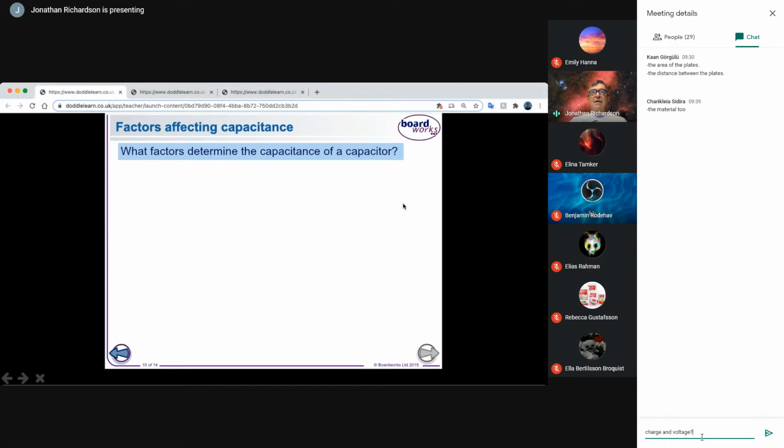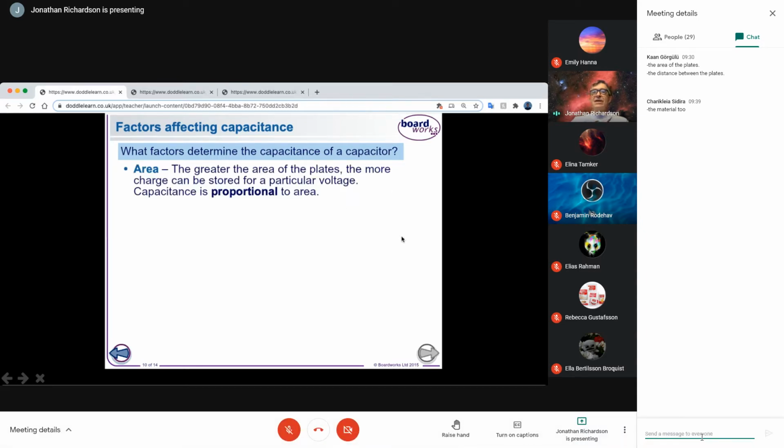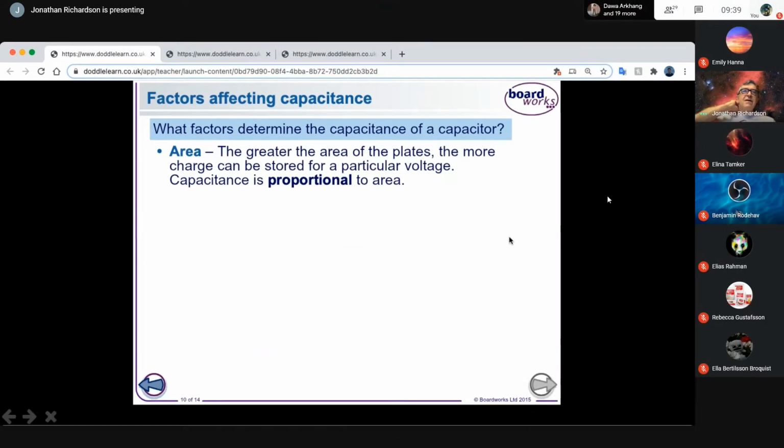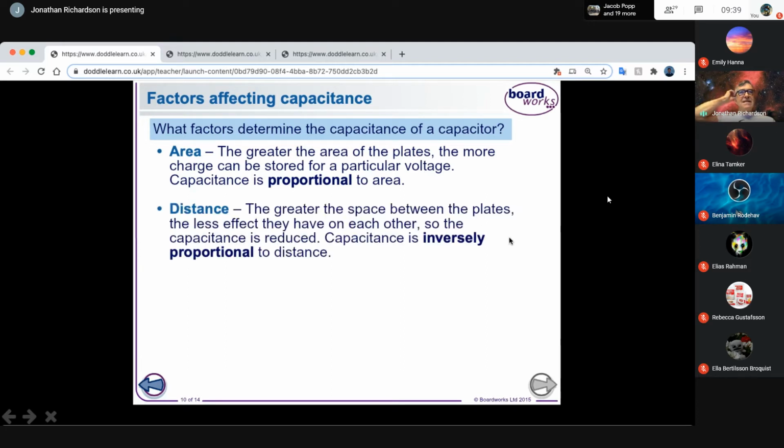First thing was the area: the larger the surface area of the plates that make the capacitor, the greater the capacitance, the more electrons you can store inside that device. The second thing is the distance.